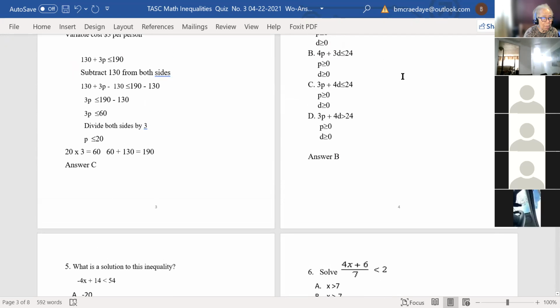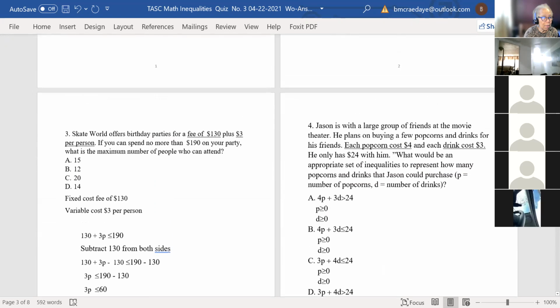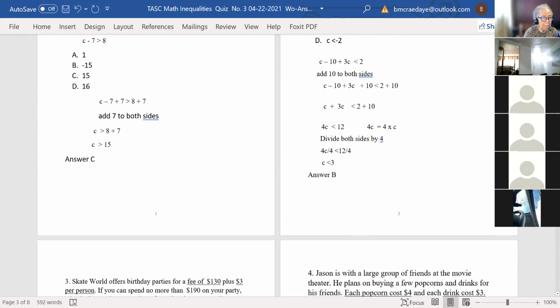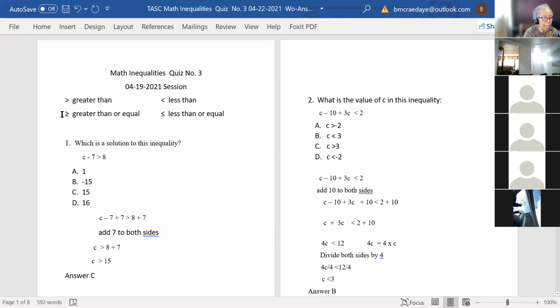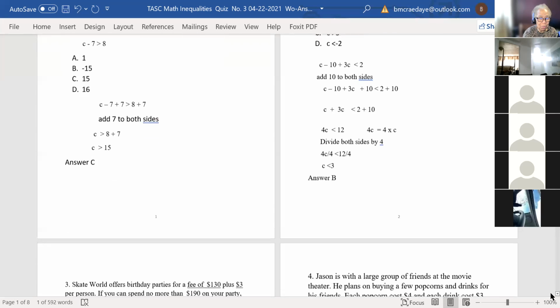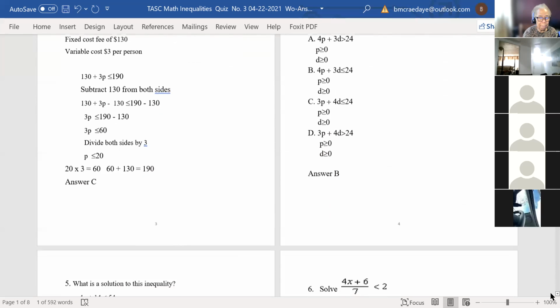Okay, greater than or equal. Here we go. Greater than or equal. So let's just put our symbol there, and then you tell me what goes on the right and what goes on the left, Alba.